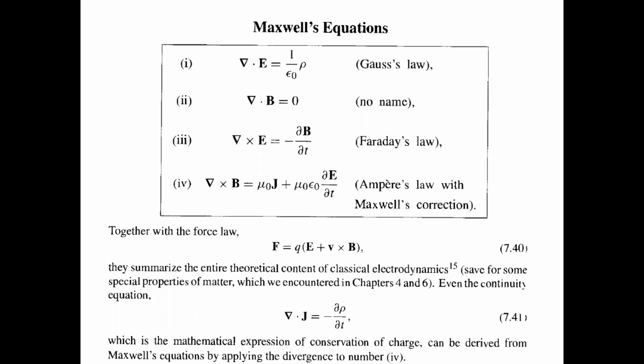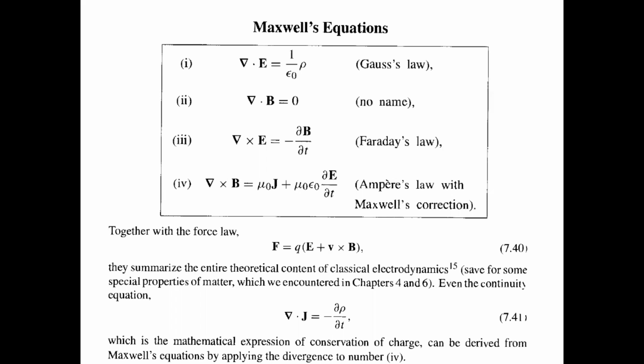So finally, Maxwell's equations come down to divergence of E equals ρ by ε0, which is Gauss's law in differential form. Divergence of B equals 0, which doesn't have a name. Faraday's law, which is curl of E equals minus ∂B/∂t.